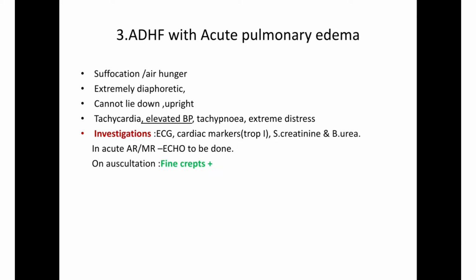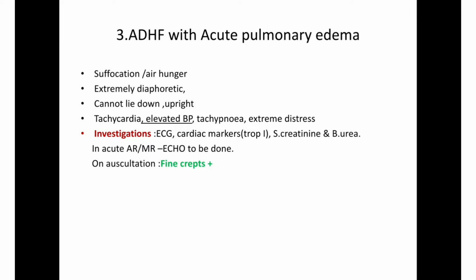He cannot even lie down and will be in an upright position. The patient will come on a stretcher. If we ask the patient to lie down, he will sit up again. It is very rare to miss this diagnosis. The patient will have tachycardia, elevated blood pressure, tachypnea, extreme distress, and dyspnea.